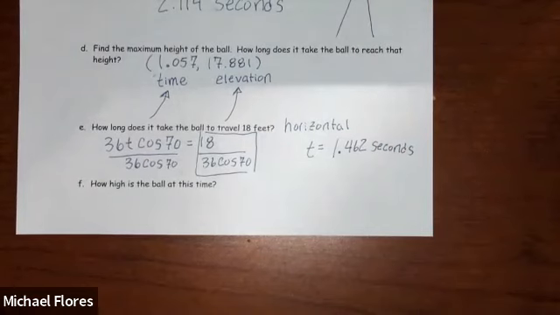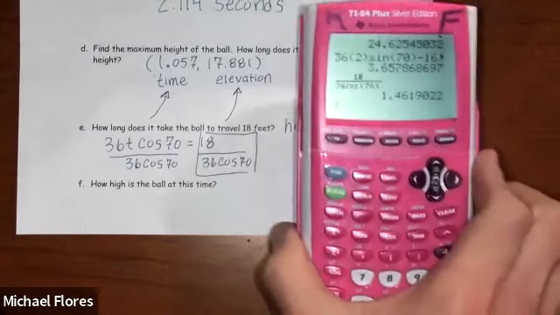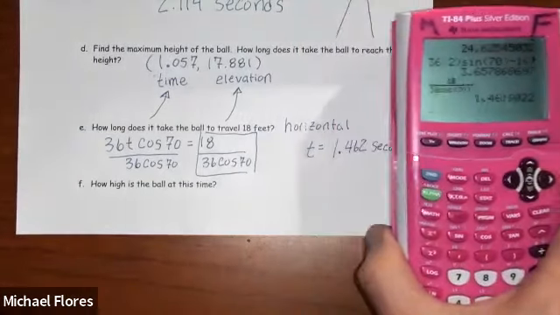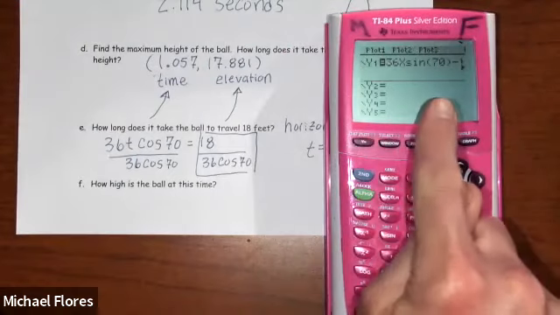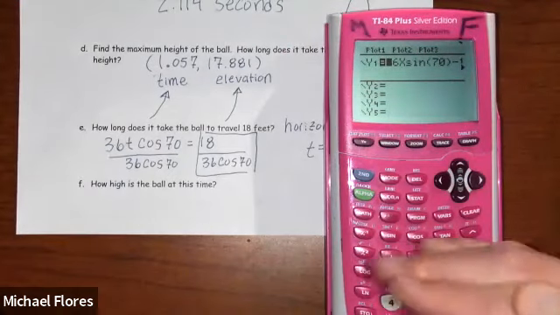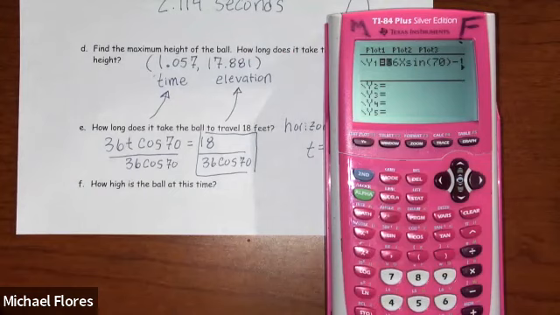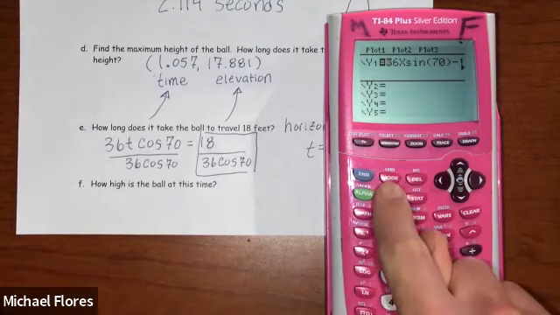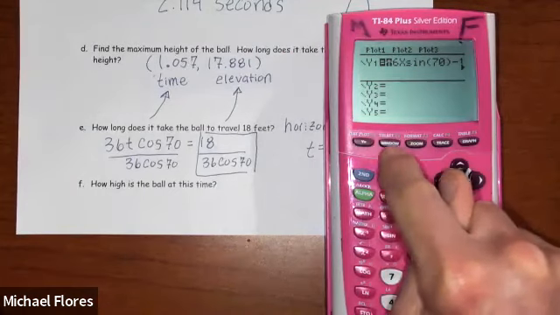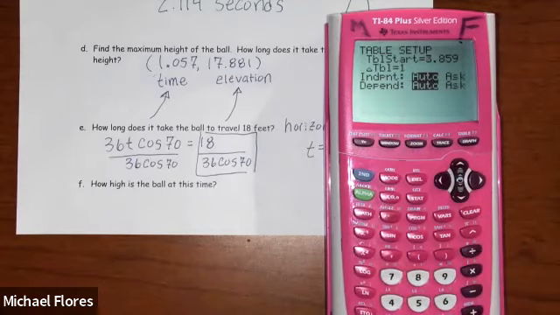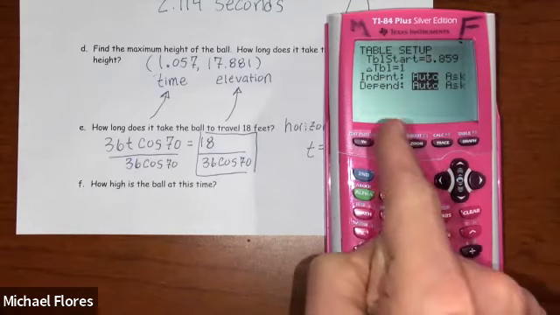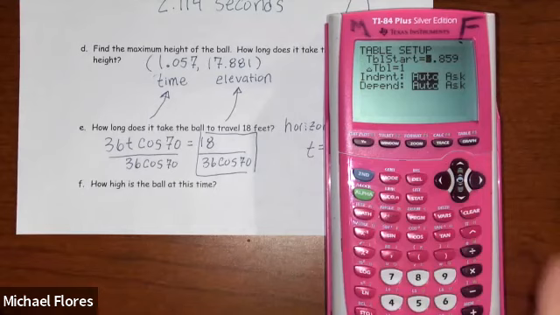Now, how high is the ball at this time? You ready for your minds to be blown? Here's what we're going to do. Remember, we have already put in the equation to solve for elevation, to solve for height above the ground. So here's what we can do. We can hit second window, and we can tell our calculator exactly what we want our table to read.